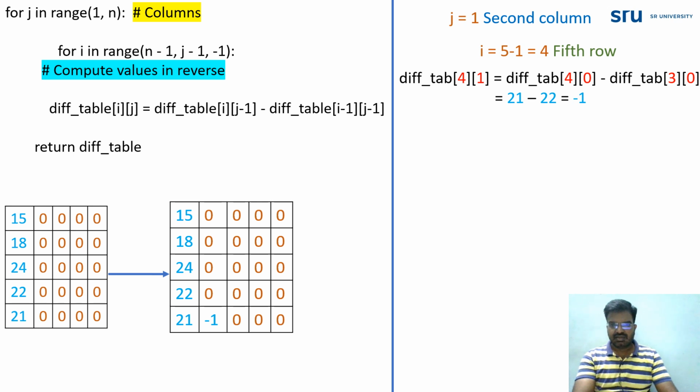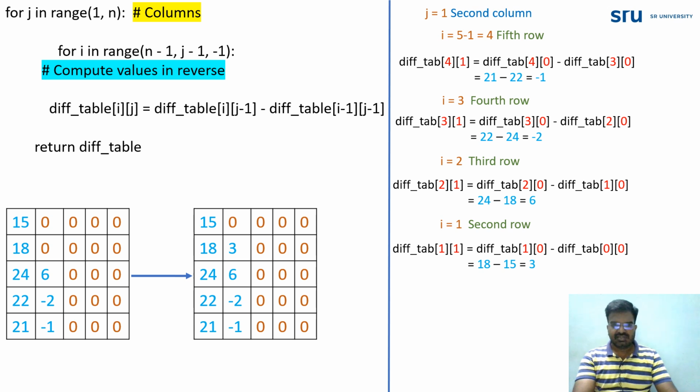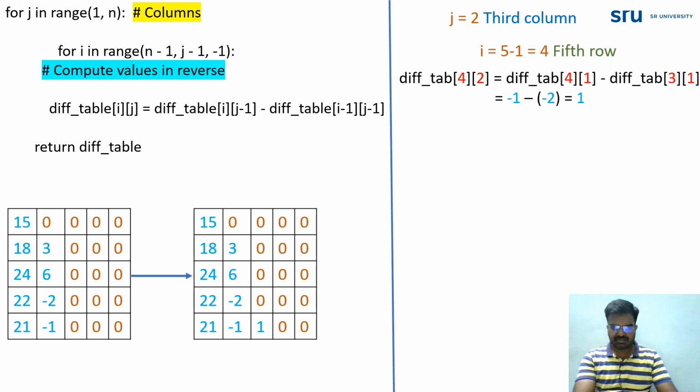With the help of the second for loop, we are filling the second column from the last row. See, we have filled the values from the last row. You can observe here. Next, j equal to 2 means the third column.